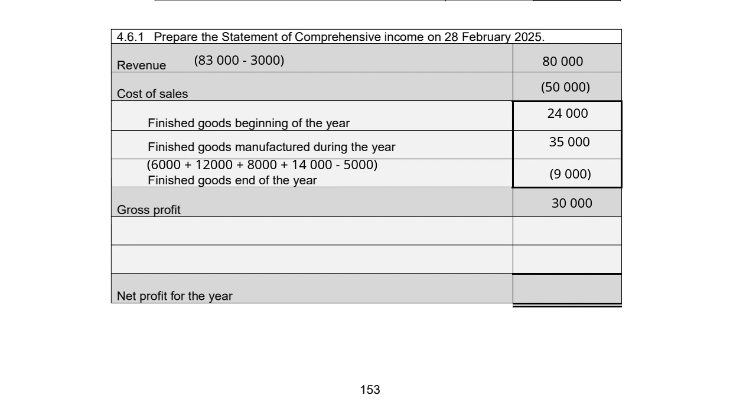We then also consider administrative costs, and the amount was given as 6,500 Rand. And sales and distribution costs of 1,500 Rand. These are expenses, so we subtract it from our gross profit. So our net profit will then be 22,000 Rand.